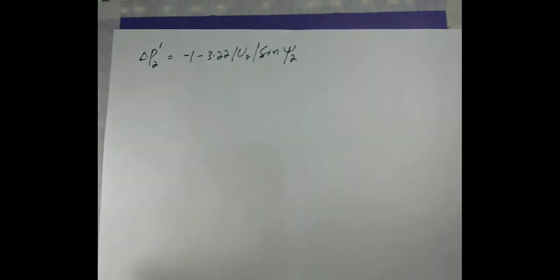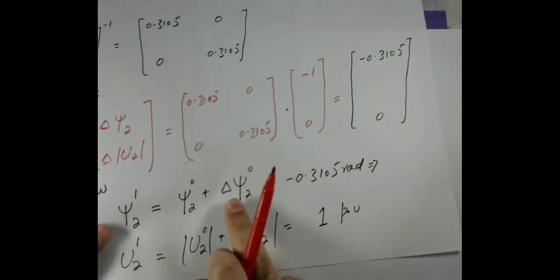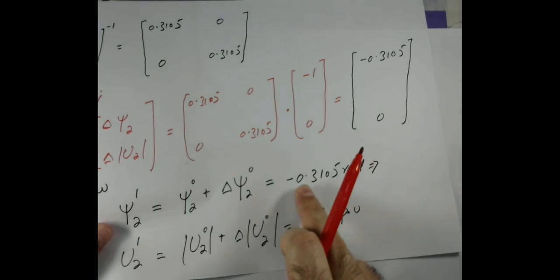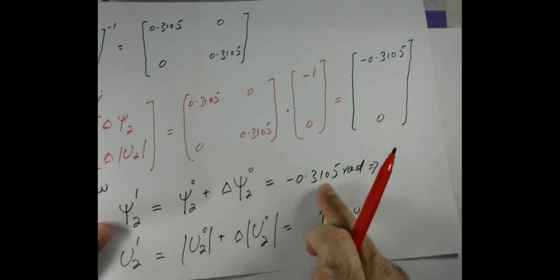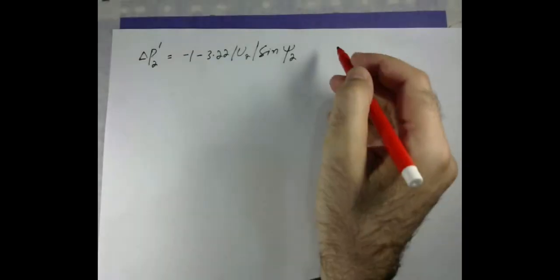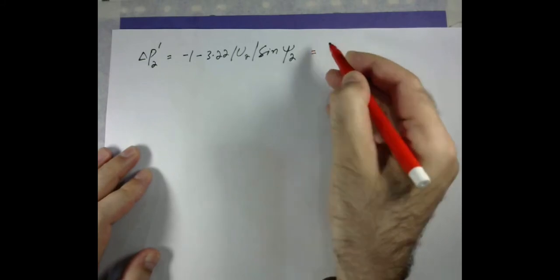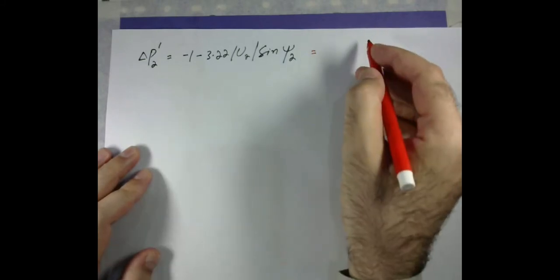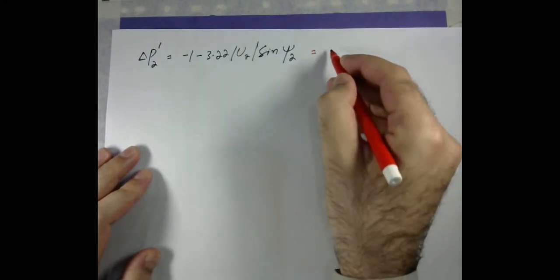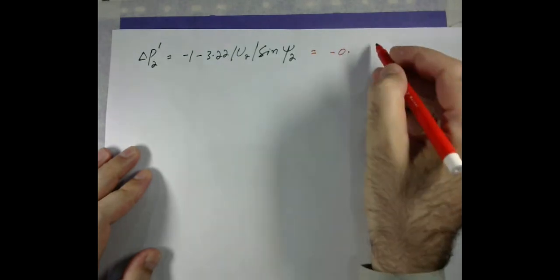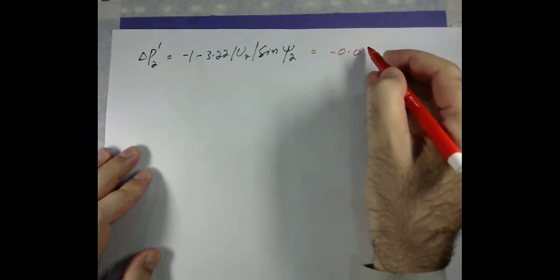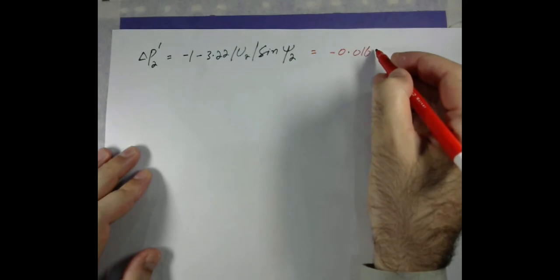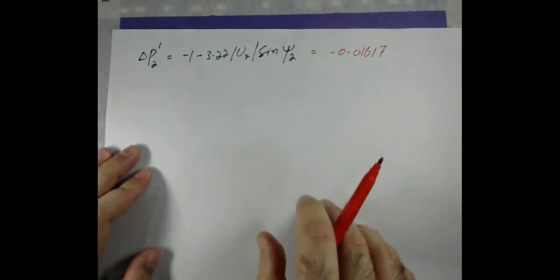Taking u2 equal to 1 per unit and psi 2 1 as -0.3105 radian, I will get it to be equal to minus 0.01617.